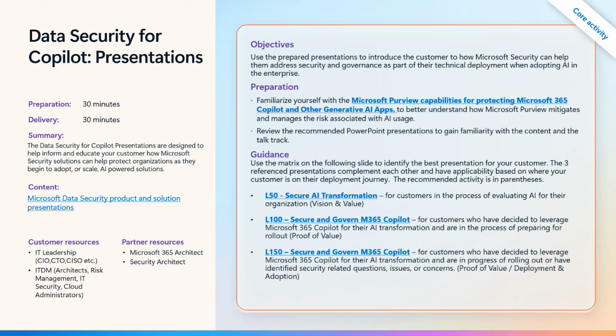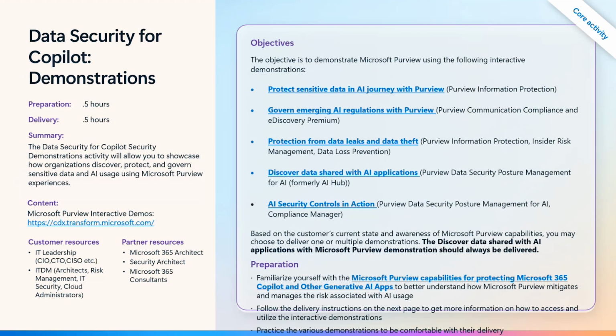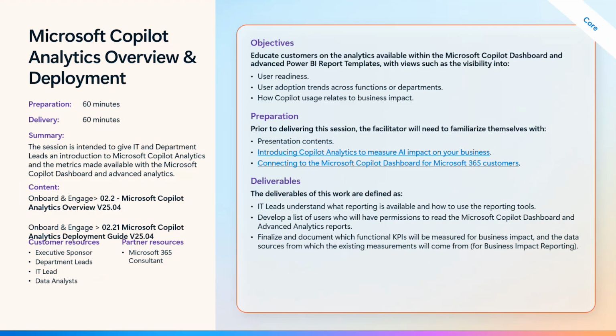Data security for Copilot presentation, data security for Copilot demonstration, and Copilot analytics overview and deployment. This one is very important to check, because companies are able to measure the AI impact on their business, and connect to the Copilot dashboard for 365 customers.